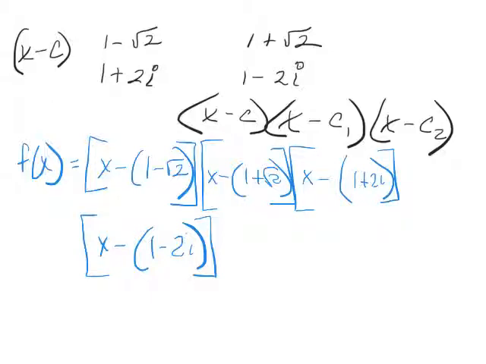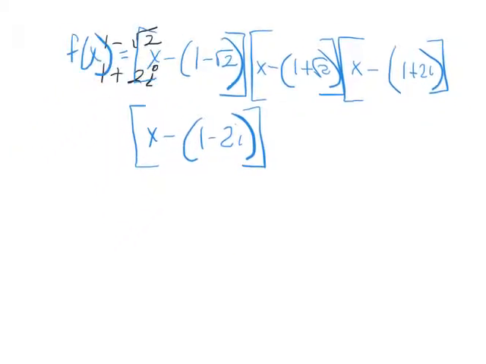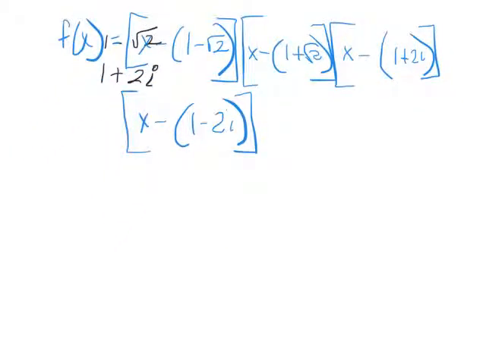But what in the world do I do with those four factors? Well, let's see what we can figure out here. I'm going to move these up here, and I'm going to take my x minus 1 minus the square root of 2, and get x minus 1 plus the square root of 2.